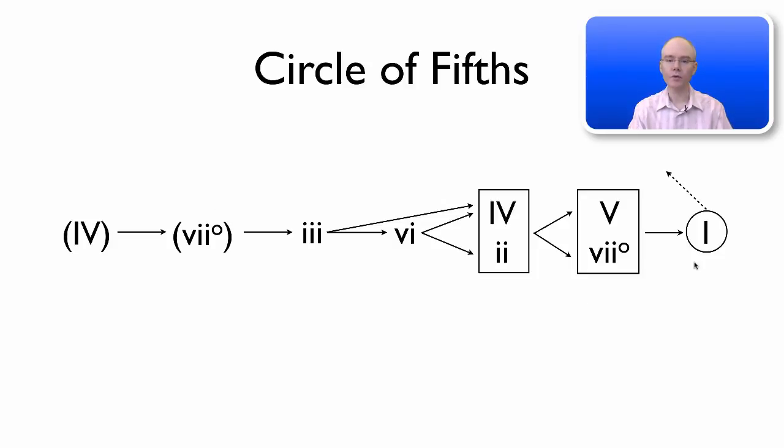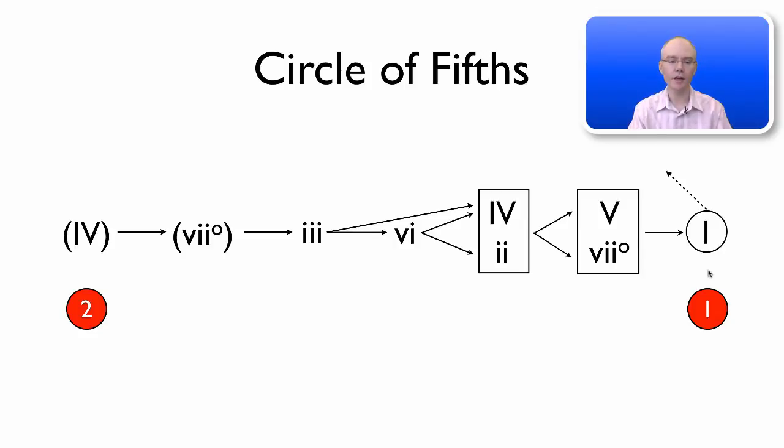So what happens? Well, what we actually see here, if we go from all the way left to all the way right, is that we can see a circle of fifths progression. We start on 1. Then the next thing we have is the 4 chord. We go down a fifth, hence the name, circle of fifths.